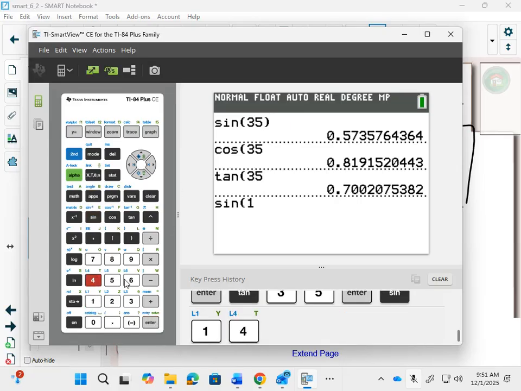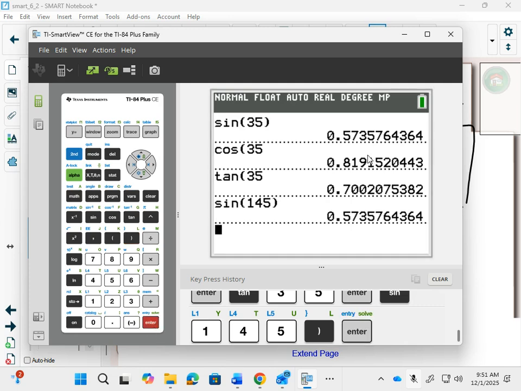And I start off with sine of 145 and I push enter and I'm like, oh, it is exactly the same. So maybe this is how we do trig. We just keep everything the same.